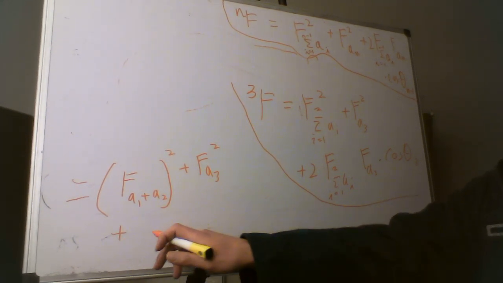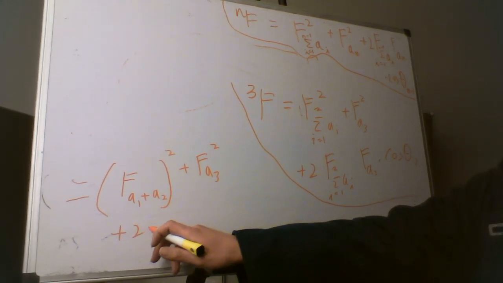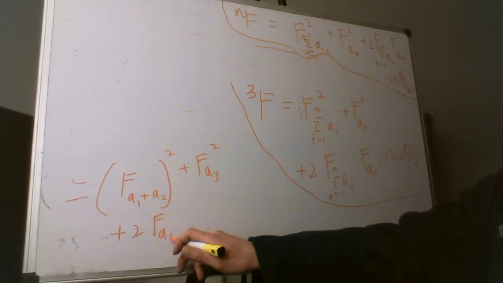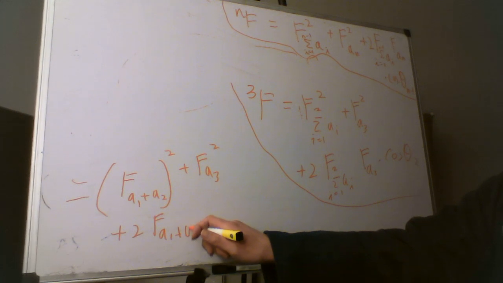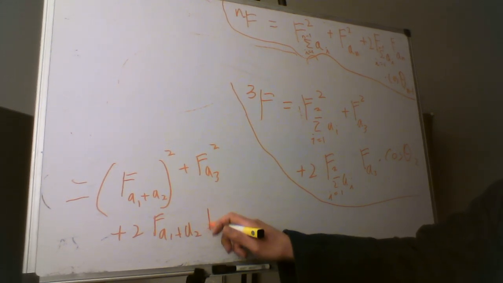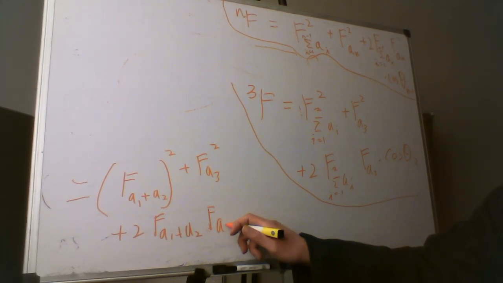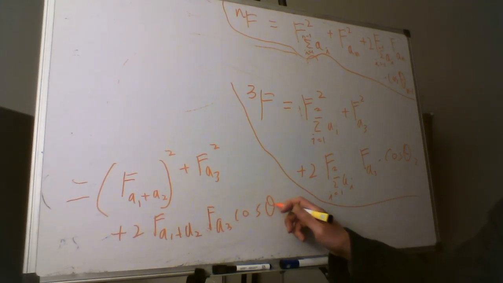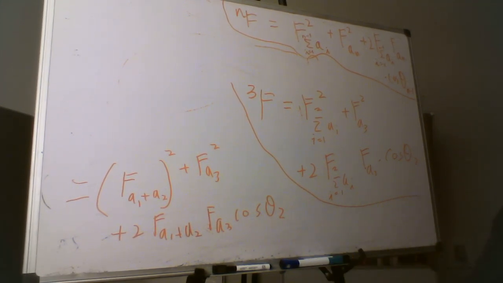I'm proceeding very gingerly, very slowly. F of a1 plus a2, f of a3, cosine theta 2. Okay?